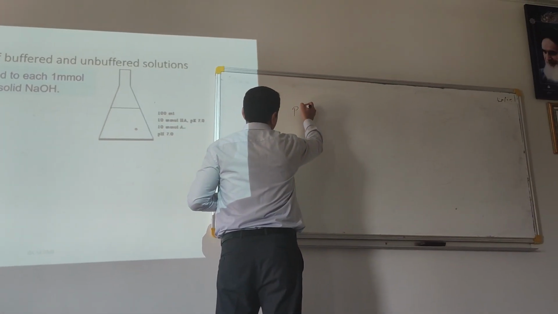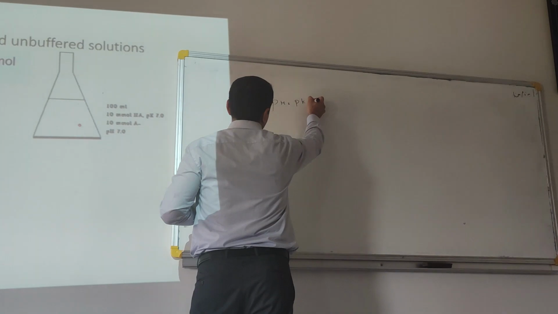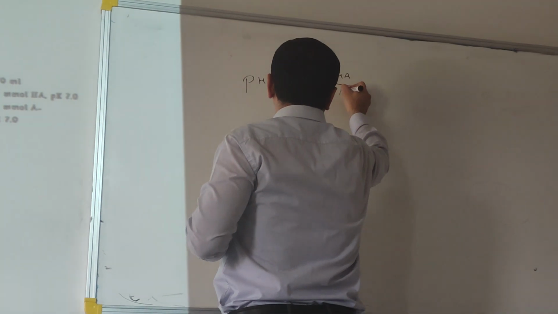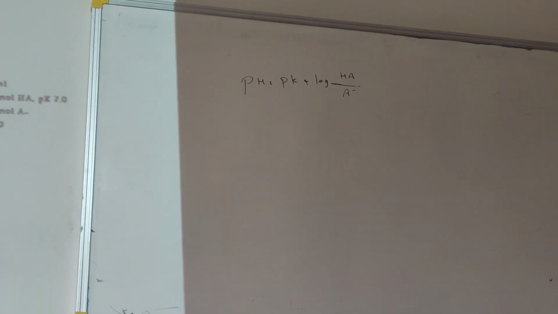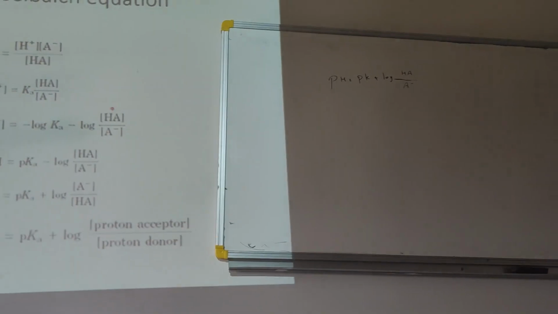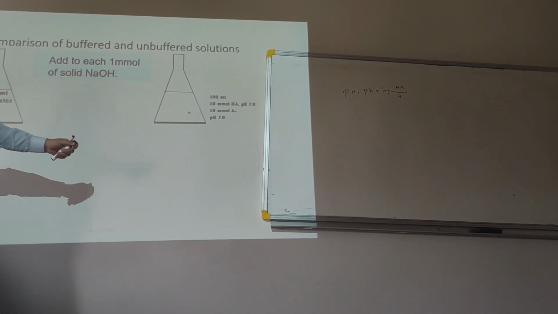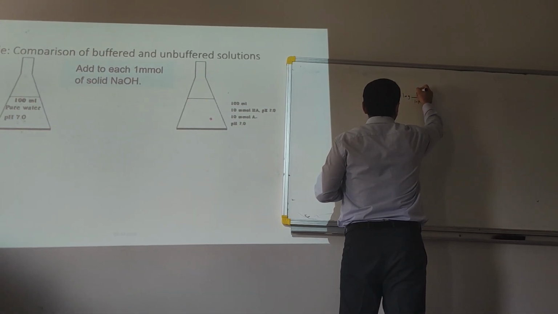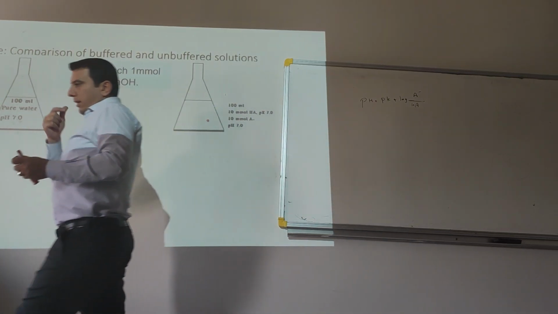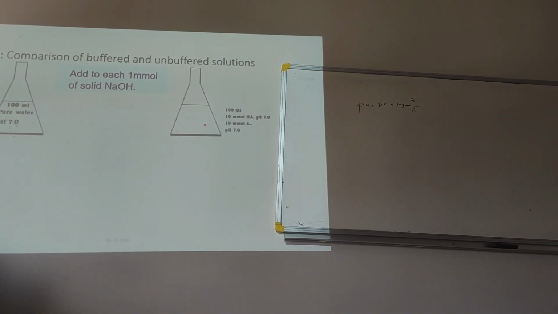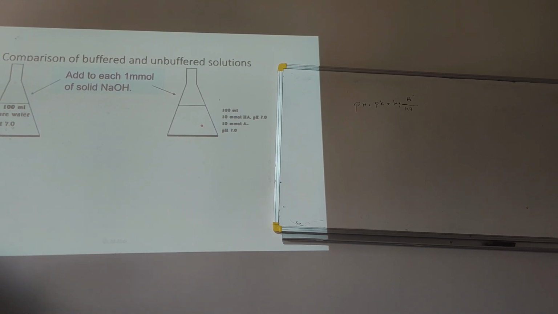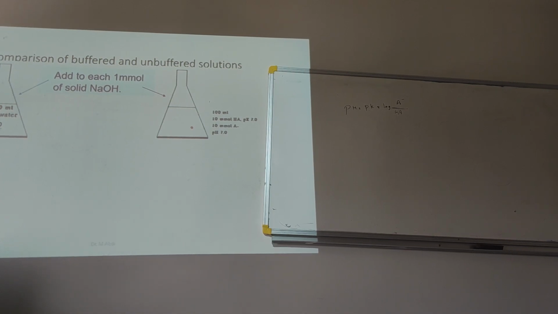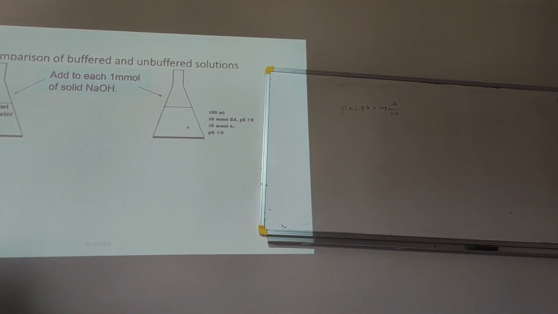You can write the Henderson-Hasselbalch equation again. Well, we add to each bottle 1 millimole of solid NaOH. If anyone can, please come and solve this.